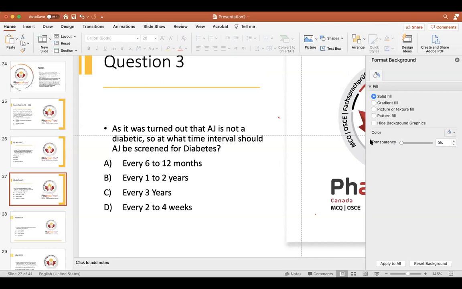Okay, so this guy, what are the intervals we use to screen for diabetes? First thing we see is whether the patient has a risk factor or not. If the patient has a risk factor, we screen him every how long?